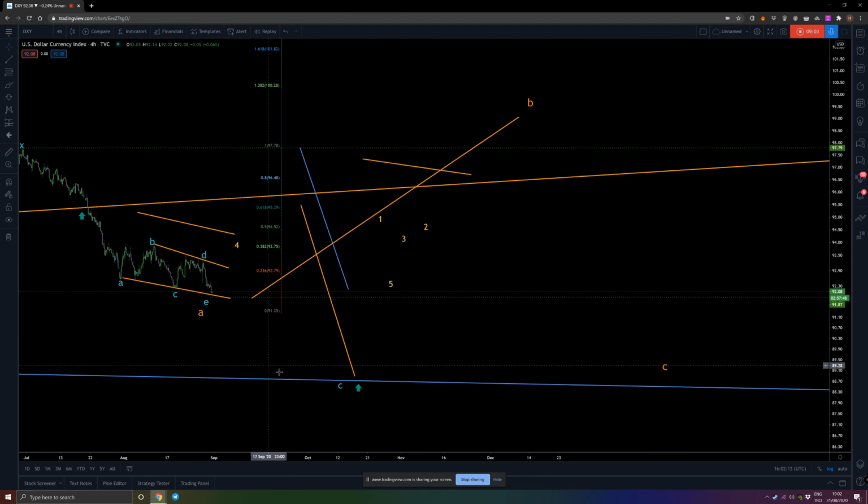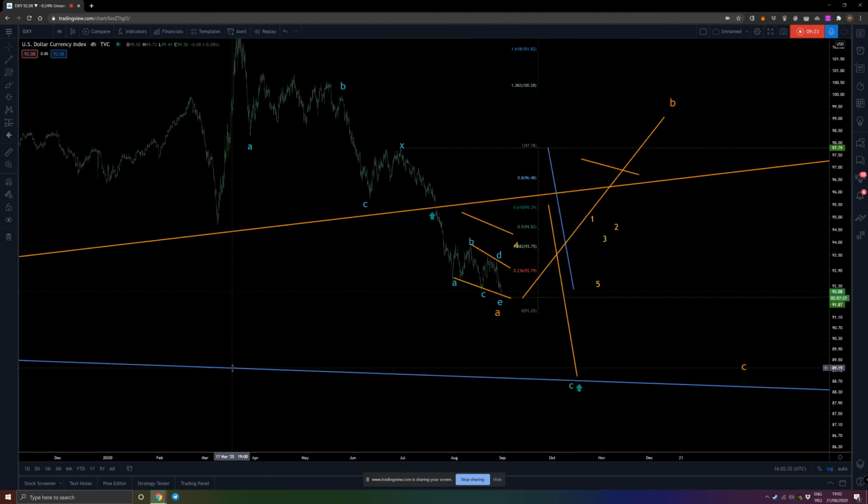If you have a break of the B to D trend line and have this retest, now the chances are more to the upside. If we break this and have a retest, then the chances are more to the downside.